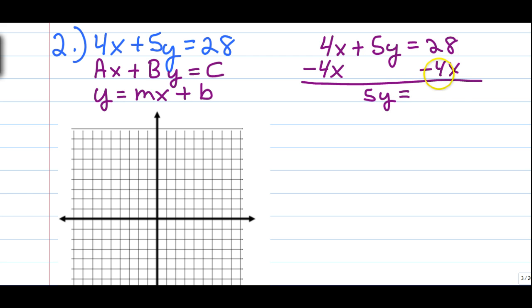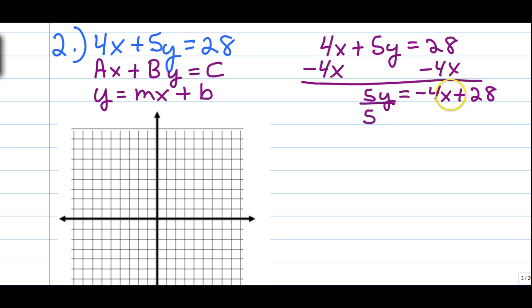With the 28 and the negative 4x, they're not alike, so we can't combine them. But we want to make sure that the x goes into the front position because we want it to look like our y-intercept form. So we'll write this as minus 4x plus 28. Next, we want to move the 5. We'll move the 5 out by dividing it.